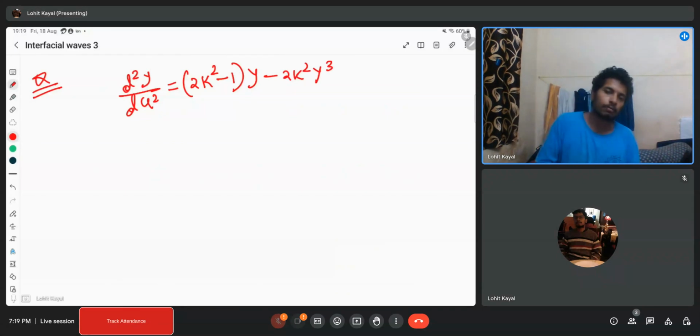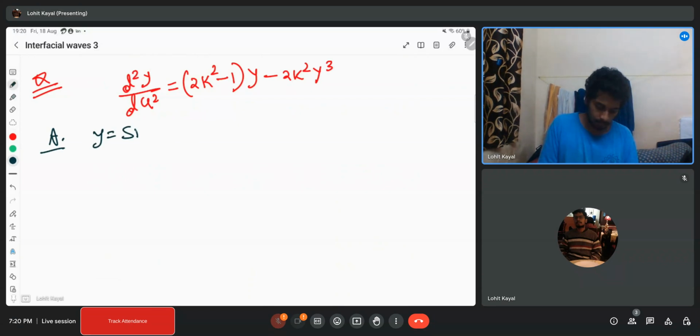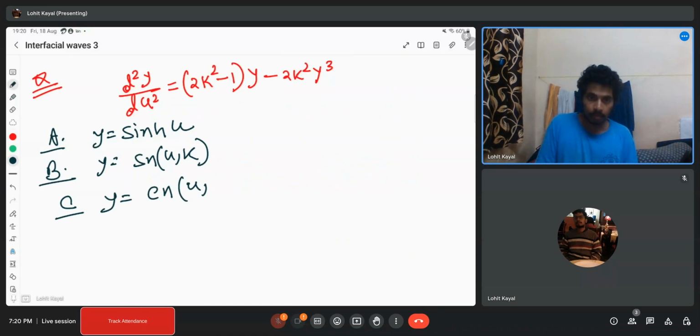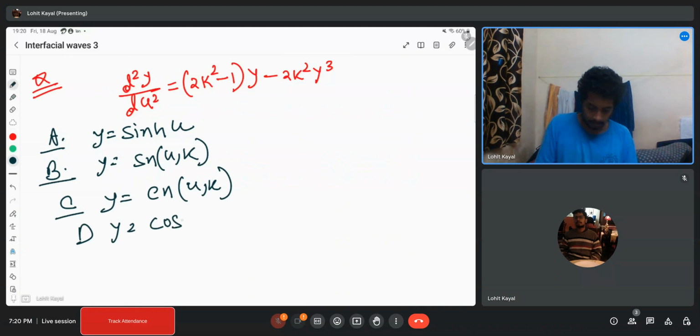And you are provided with four possible solutions. Solution A is y equal to sinh u, B is sn(u, k), C is y equal to cn(u, k), D is y equal to cos u.